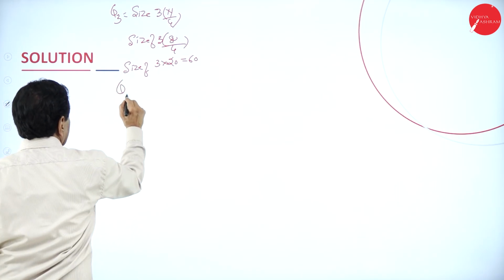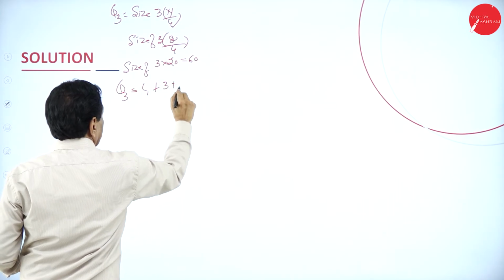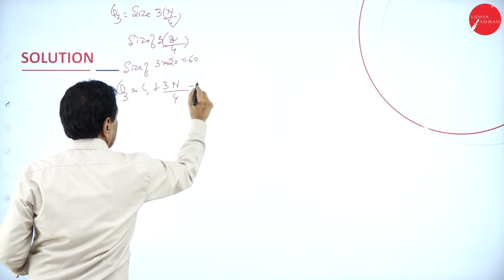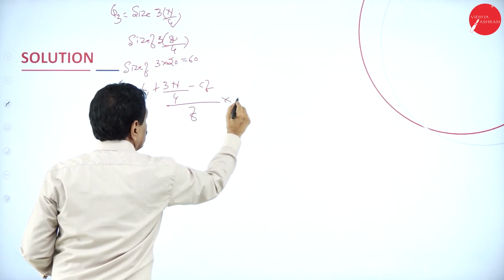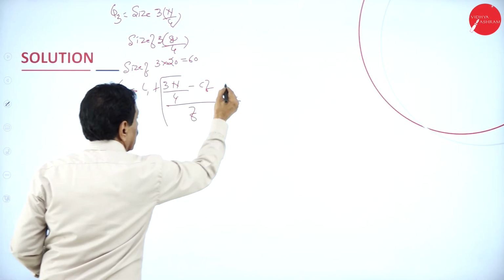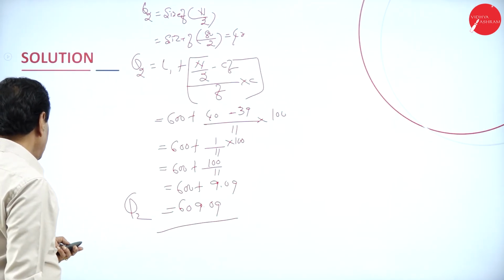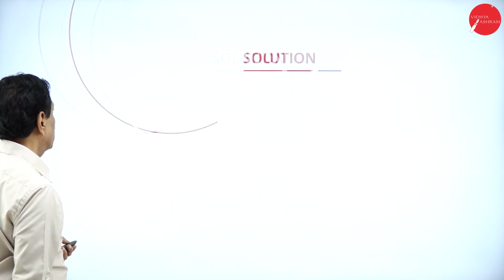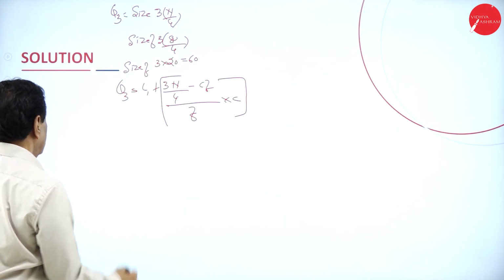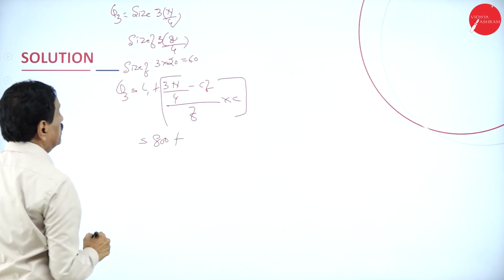Q3 is equal to L1 plus 3n by 4 minus CF divided by F into C. Slowly we'll go. Which range you have selected? 800 to 900. 800 plus, what is 3n by 4?